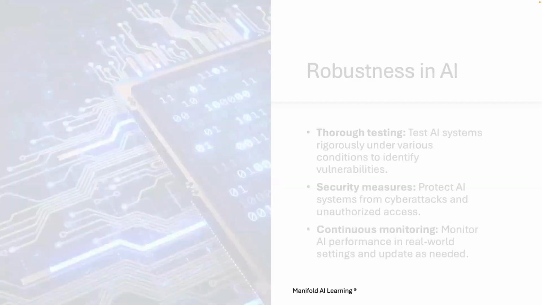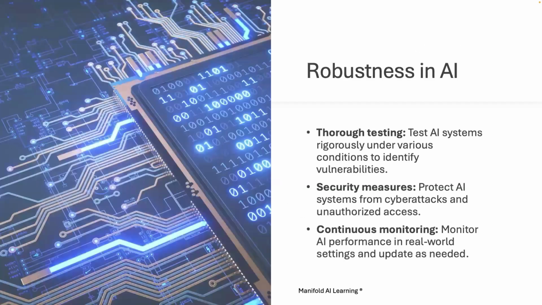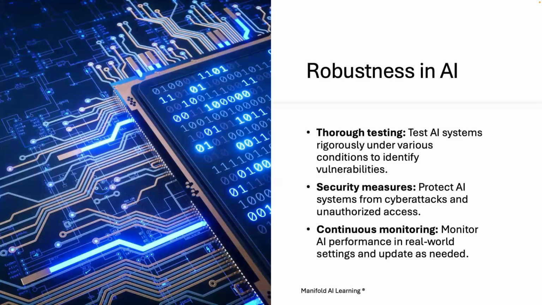Then the robustness. When we say robustness in AI, robustness involves testing the AI system in various ways so that in all conditions, this artificial intelligence system or generative AI system is working as per our requirement. By conducting such thorough testing, we will be able to identify the vulnerabilities in the system and address them during the testing itself.